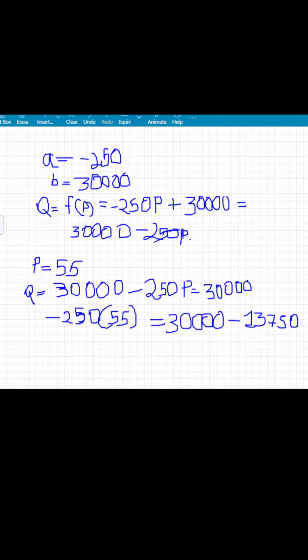Okay, and this will be 16,250. That is the difference between 30,000 and 13,750. 16,250.